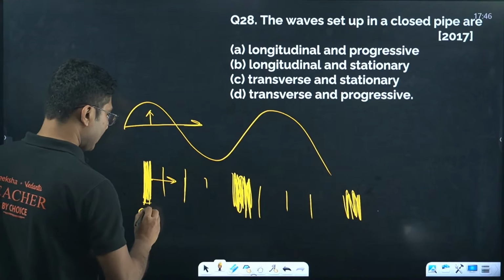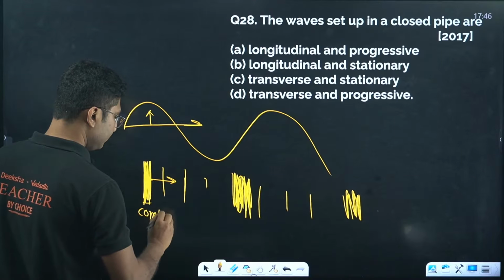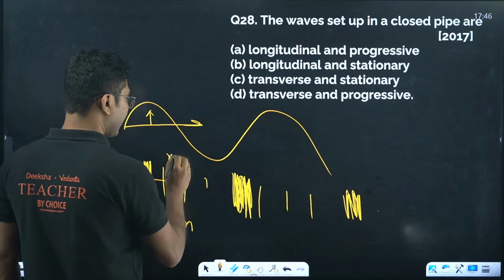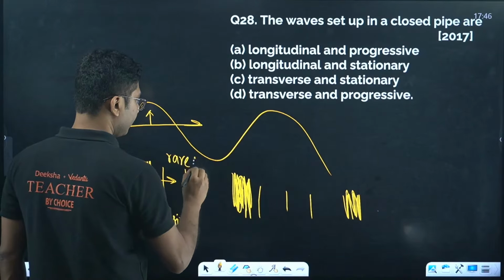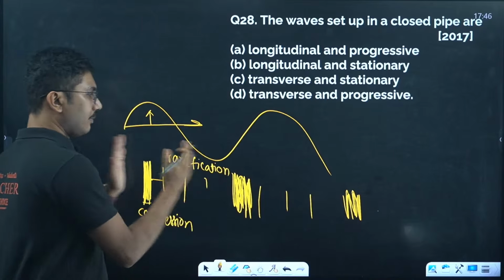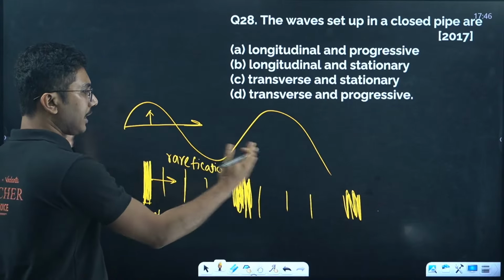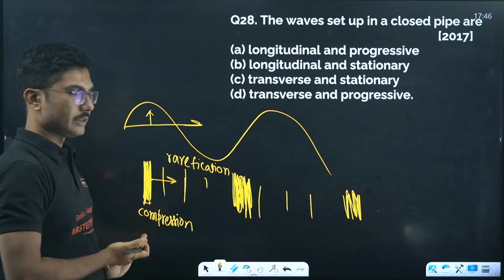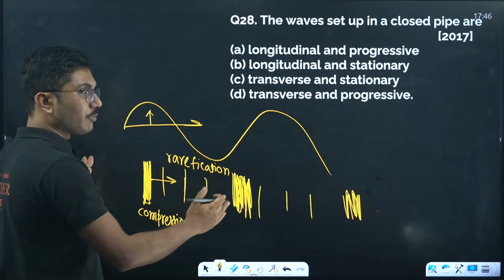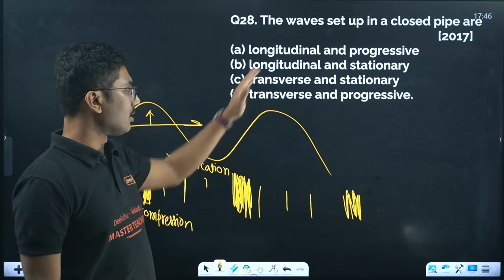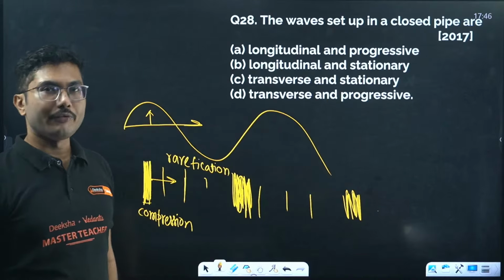Here it is called compression, and this is called rarefaction. So basically the air particles are vibrating like this. They are compressing at some place and expanding at some other place. Compression and rarefaction is the process through which a longitudinal wave moves, and a transverse wave moves like a wave.